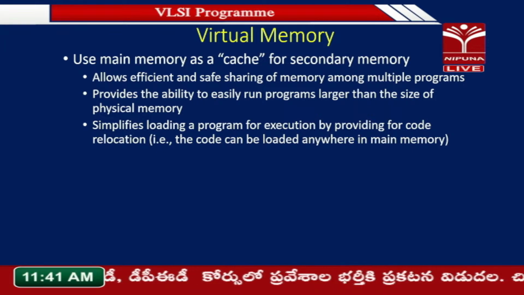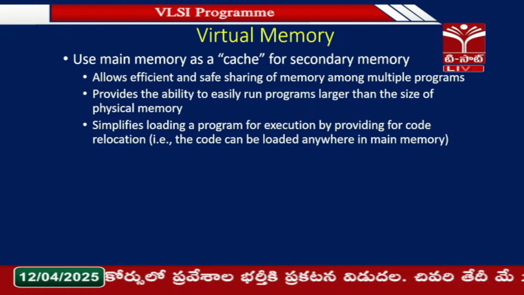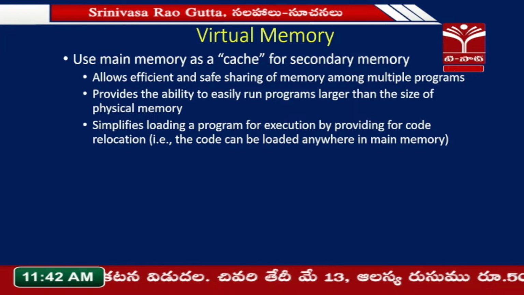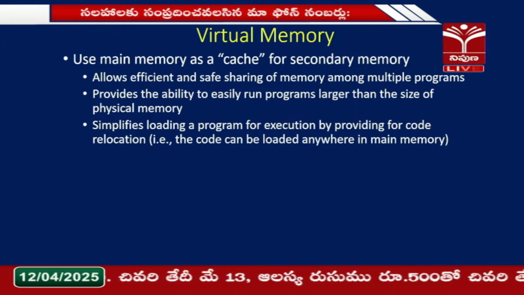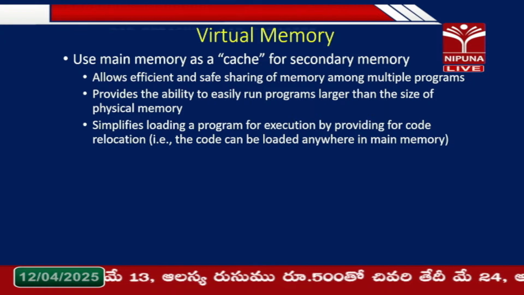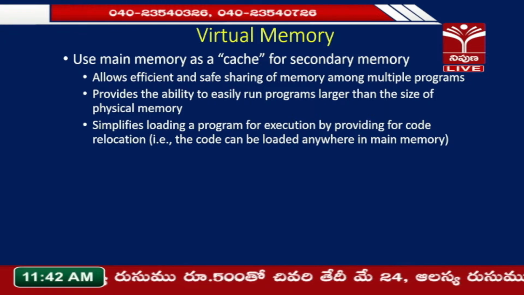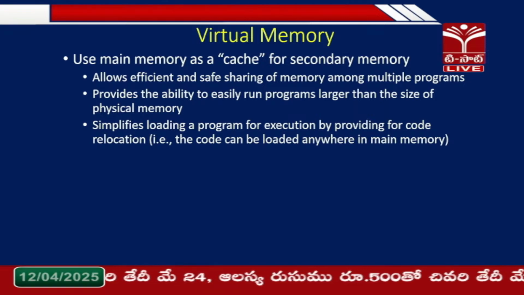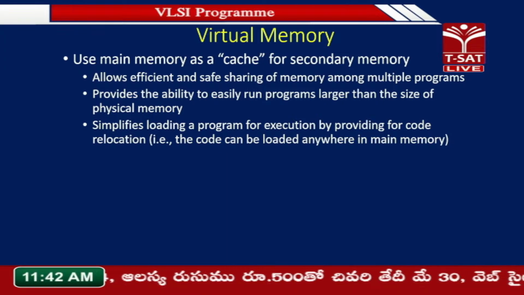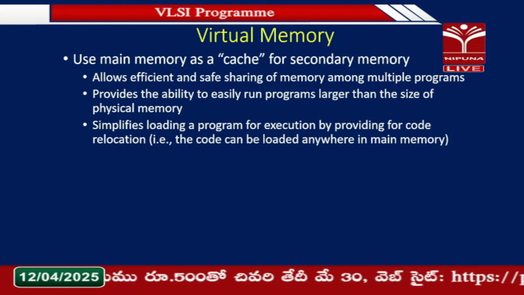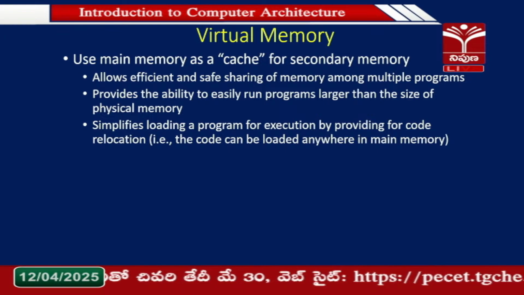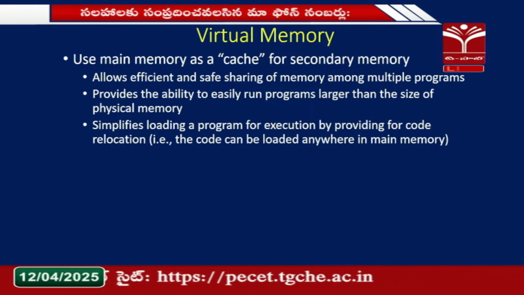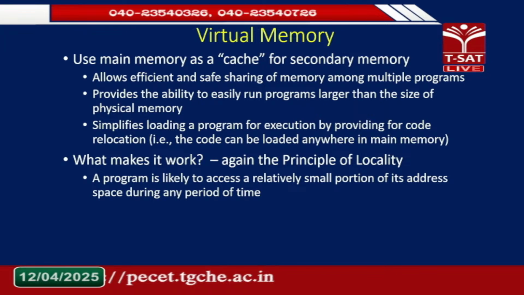So this allows for efficient and safe sharing of the memory among multiple programs, because it manages the OS page tables to make memory not visible to everybody. One program should not be accessing the memory or data of a different program, right? You need to have some kind of user and supervisor controls, and virtual memory allows you to do all of that within the operating system, right?